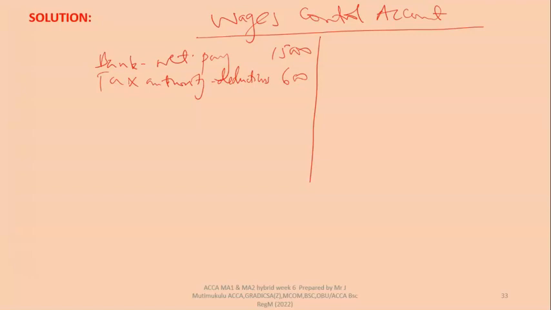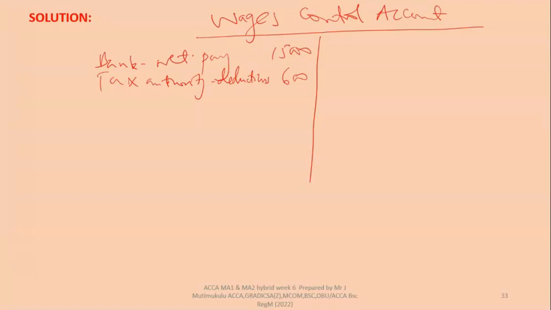Then the other side of the entries are to the bank account for the net pay and to the tax authority creditor account for the income tax and benefit contribution, as these amounts must be paid over to the tax authorities shortly.